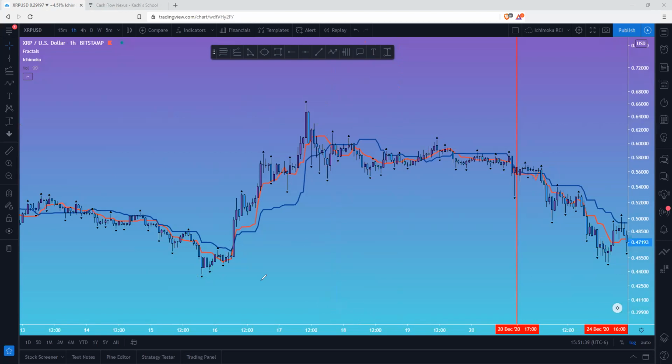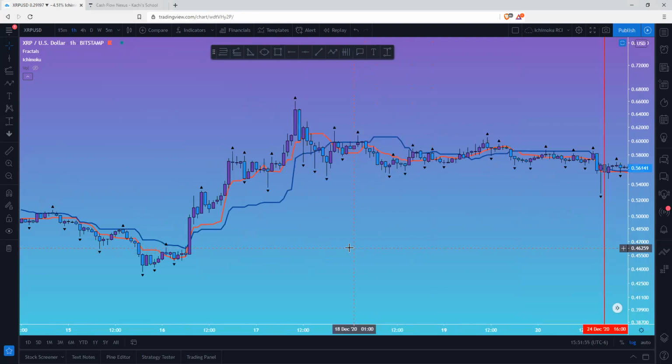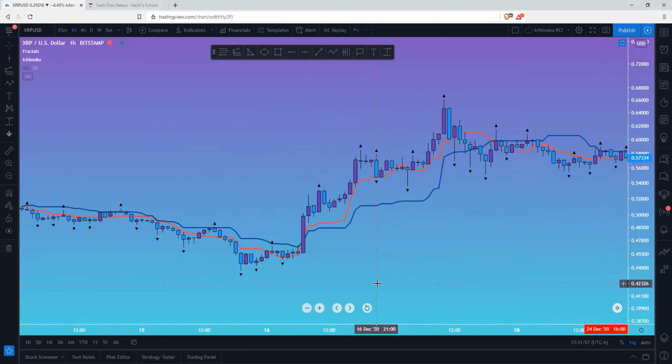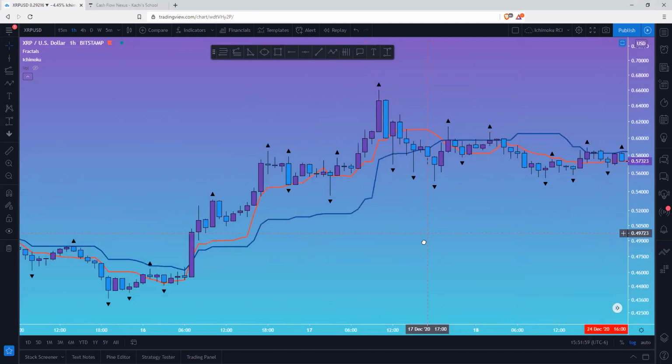Where will we get out of this trade for this particular move? Because we do see that it held here pretty strong, right? So we close out our trade for this one. Let's zoom in a little bit more. Okay, there we go.